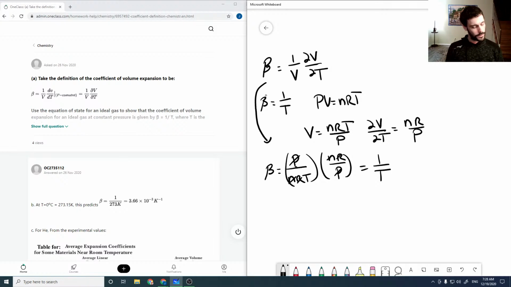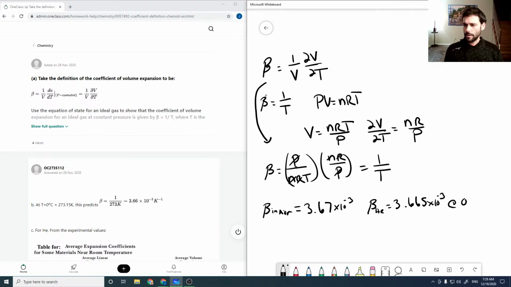And then it asked us to compare to measured values for beta in air of 3.67 times 10 to the minus 3 and beta for helium of 3.665 times 10 to the minus 3. And these are at 0 degrees Celsius. So for 0 degrees Celsius, T is 273.15 Kelvin.